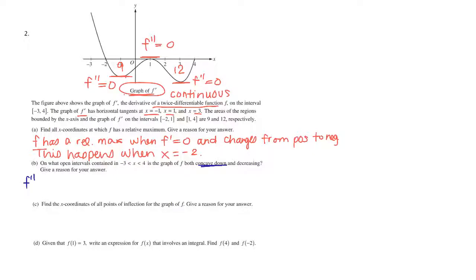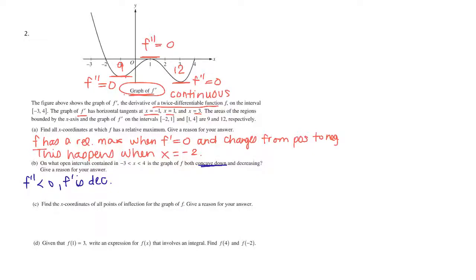Okay, so f double prime has to be negative. Well, based on just our f prime, when do we know f double prime is negative? F prime is decreasing. Does that make sense? Can we make that connection? Okay, so we're making that connection.